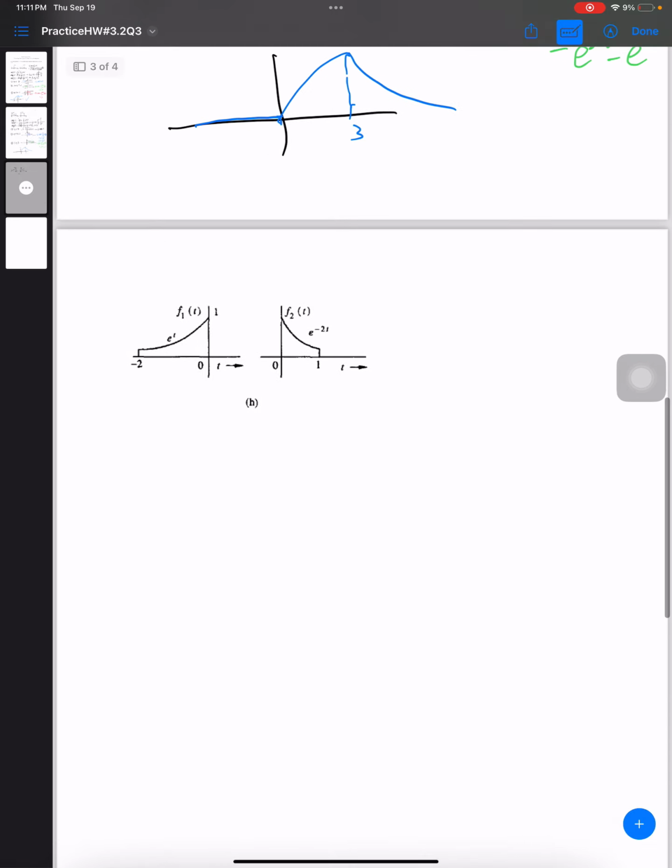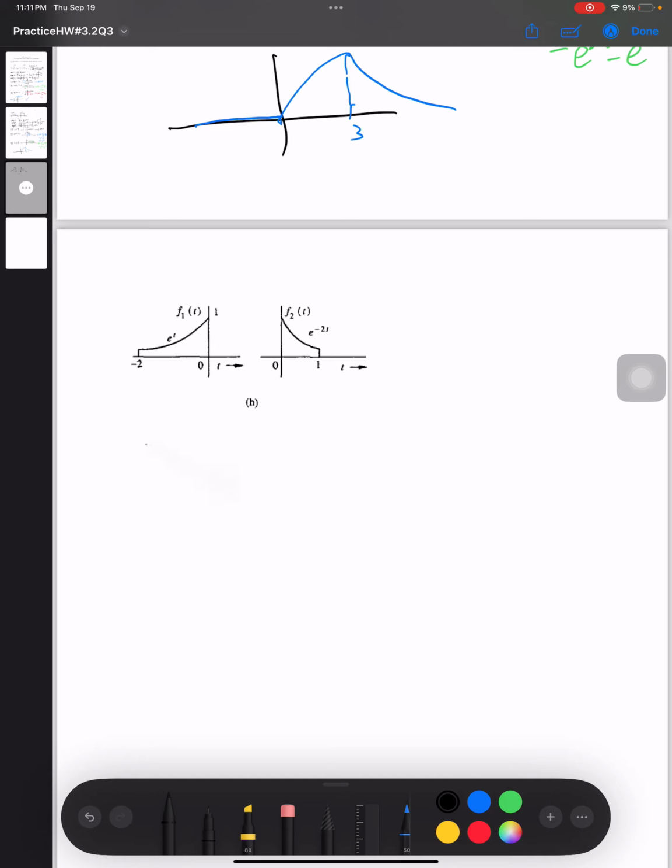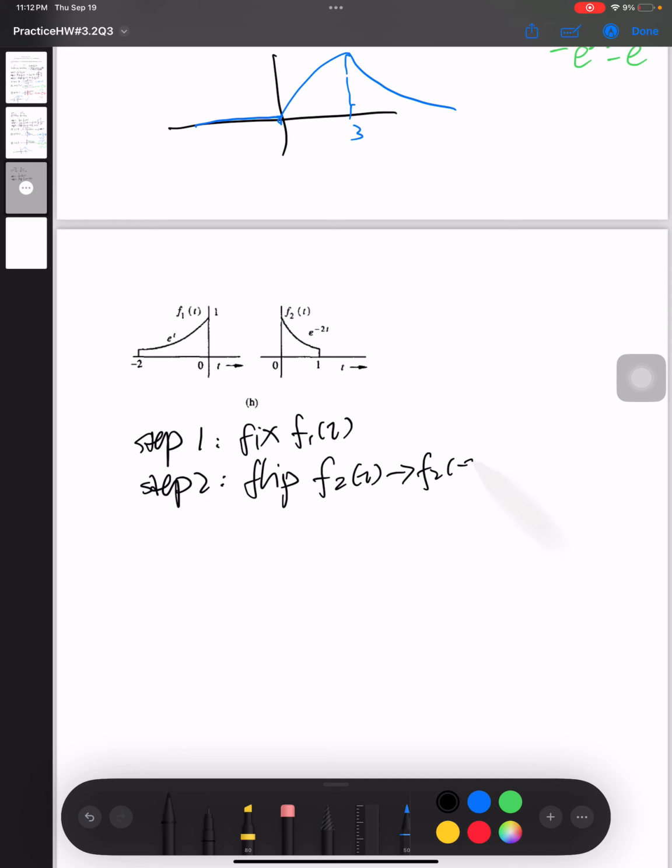And for the next question, it's similar, but with more complicated equations. For step 1, we fix f1(tau). Step 2, we flip f2(tau) to f2(minus tau).